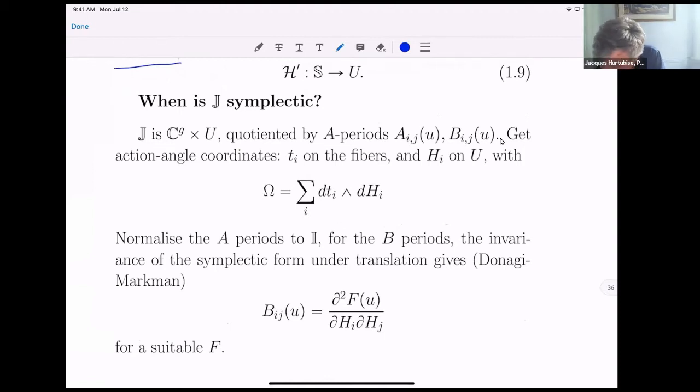But now there's a little bit of a twist, which is that you've got G dimensions, but instead of G periods, as you would have for real tori, you have 2G periods. And so basically what action angle coordinates do is normalize the periods to some fixed number.